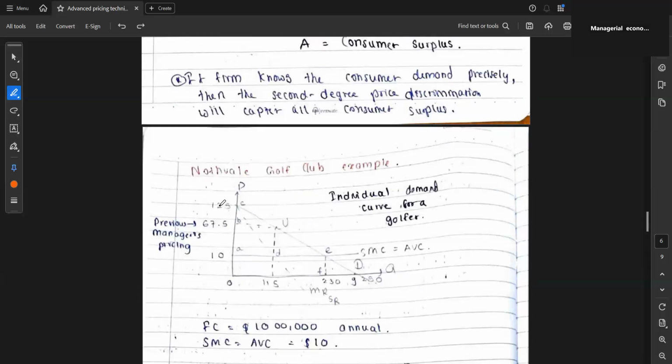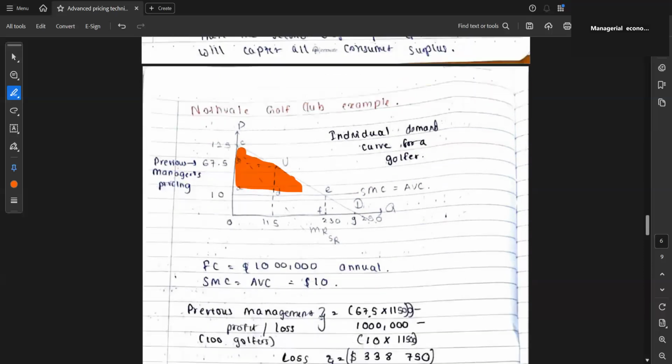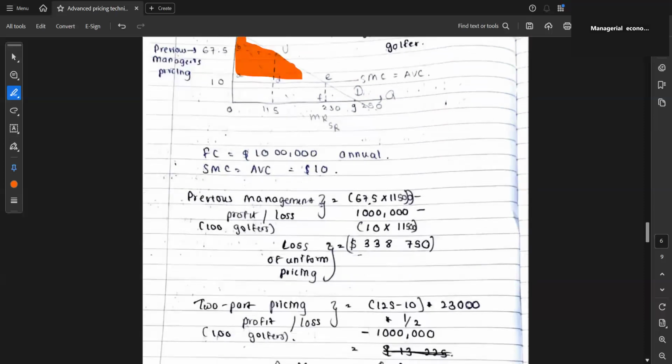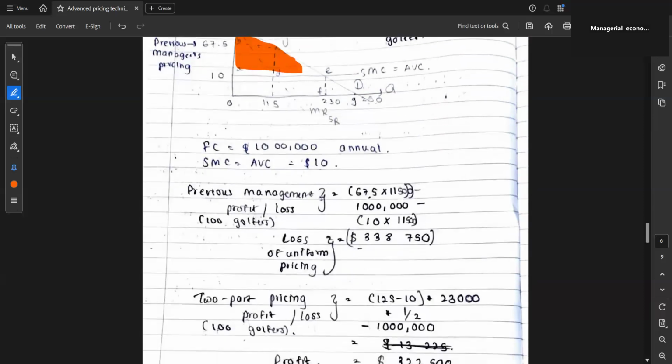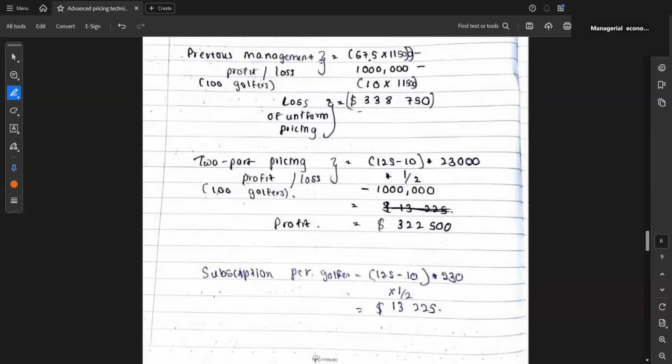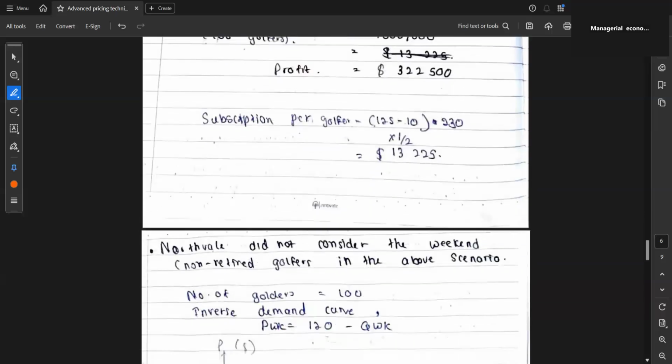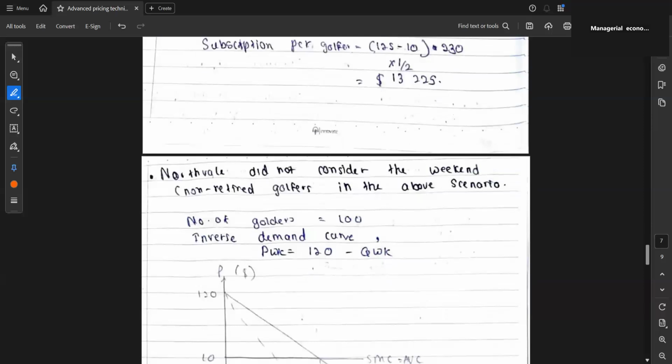That's why it's 125. This entire part is profit, because now it's first degree price discrimination, because the firm knows precisely about each consumer's demand. So they have captured the entire consumer surplus. So that's their profit now. The consumer surplus part for an individual golfer is that amount.